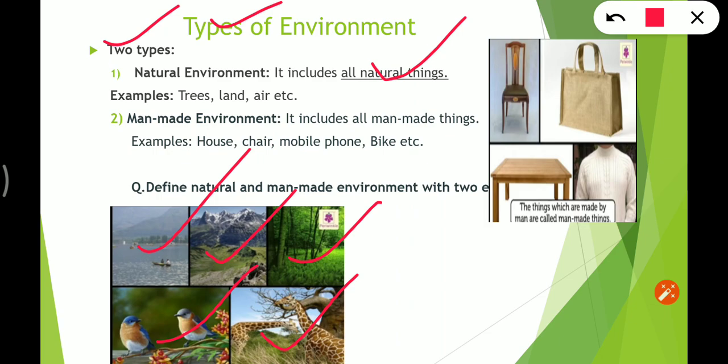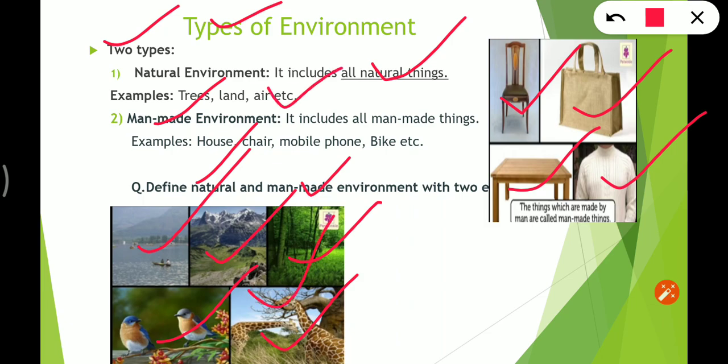The second one, man-made environment, includes all man-made things: chair, bag, table, sweater, whatever is made by man. Now the question you have to attempt is: define natural and man-made environment with two examples. I have given examples in the picture, so you can attempt it from here.